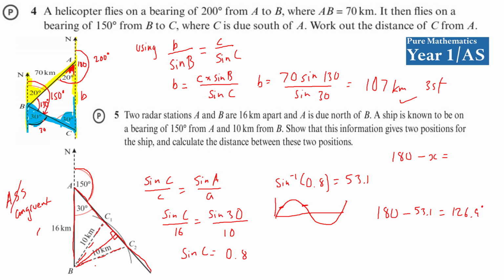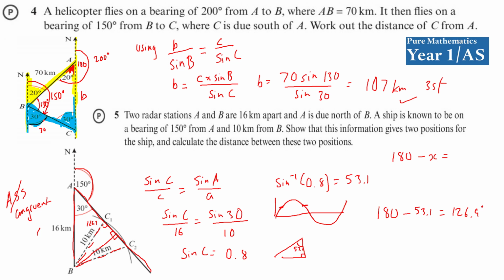cos rule. So let's just draw this triangle here. So if this looks like that's the obtuse angle, that's the 126.9. So here, this side must be, because it's a straight line, 53.1. So we're going to say that's 53.1. We've got a right angle here. That's 10.